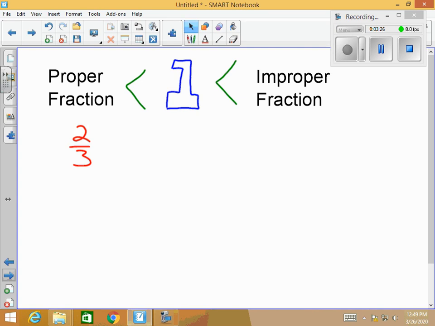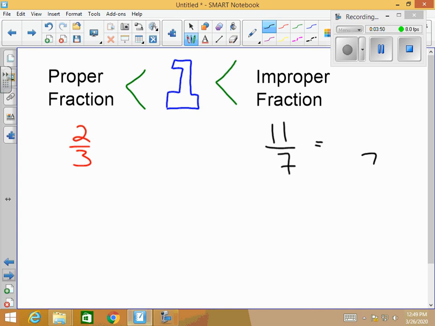And if I gave you an improper fraction, it could very well be, let's say, 11 over 7. So you had 7 total pieces of something, and you got 11 of them. Well, that doesn't make sense. It does if you change it to a mixed number, and a mixed number and an improper fraction are exactly the same thing.